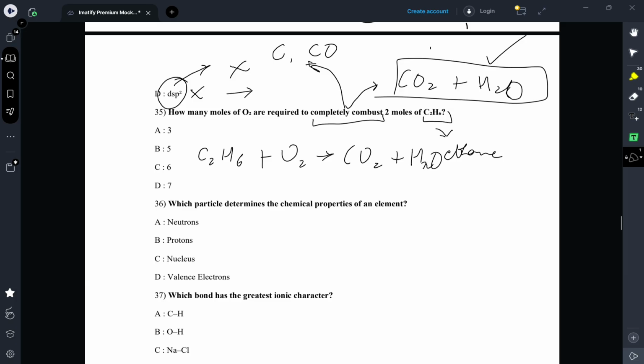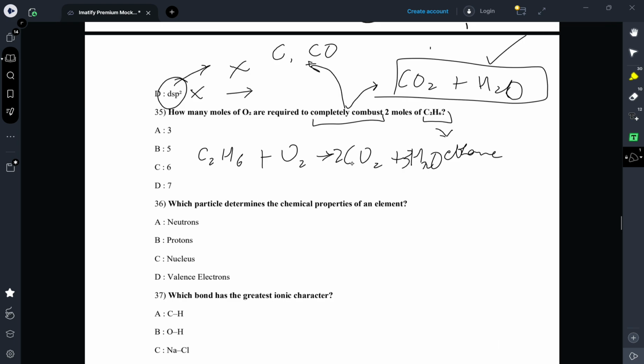First of all, you need to balance this equation. To balance, just write 2 here and 6, and 3 here. Let's count if it's balanced. 2 carbons, 6 hydrogens, carbon and hydrogen balanced.